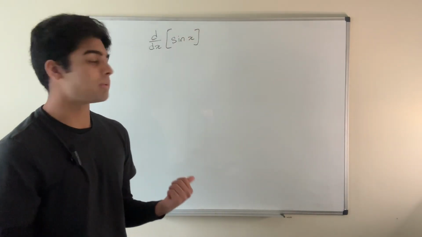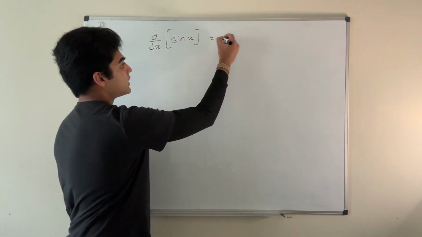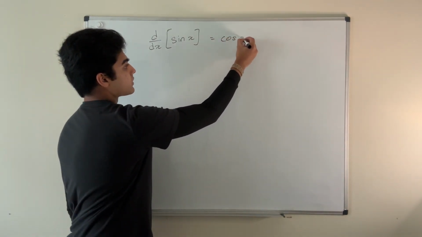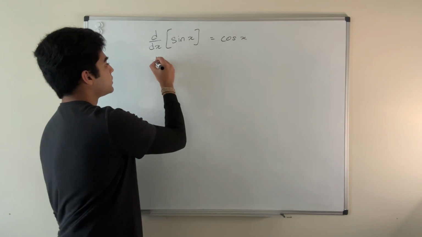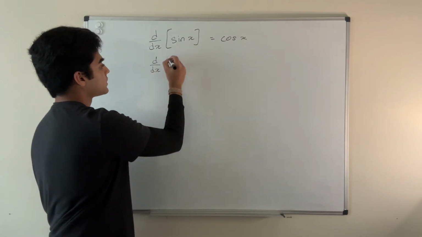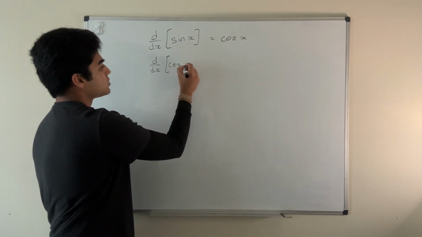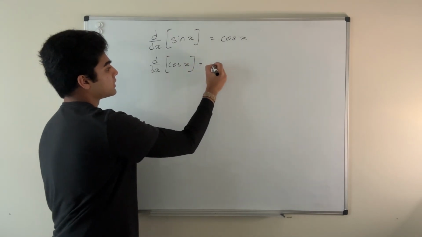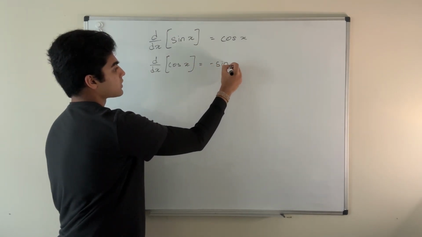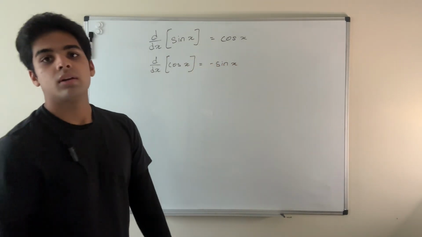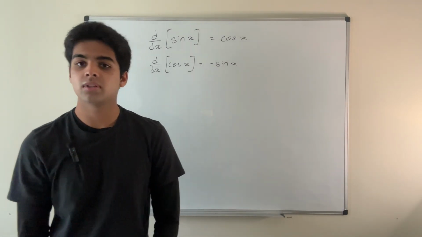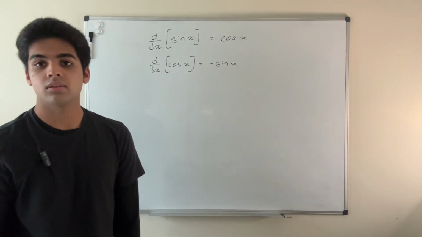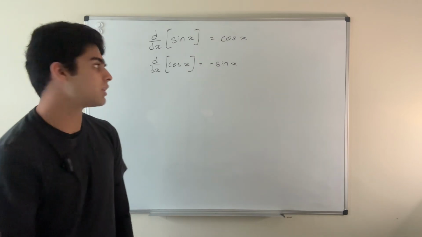From that video, we remember that the derivative of sine of x is just cosine x. And similarly, the derivative of cosine x is just going to be negative sine of x, right?